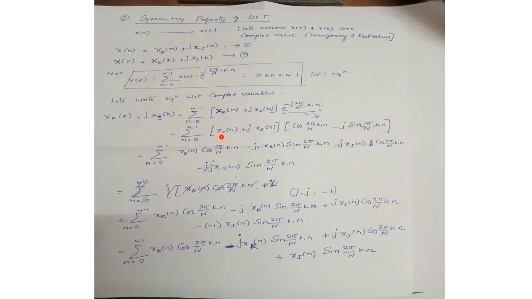So this component and this component we will multiply. When you multiply this and this, you will get these four terms: two real terms and two imaginary terms.